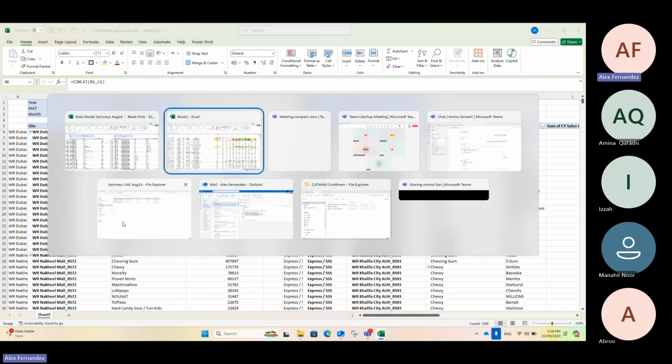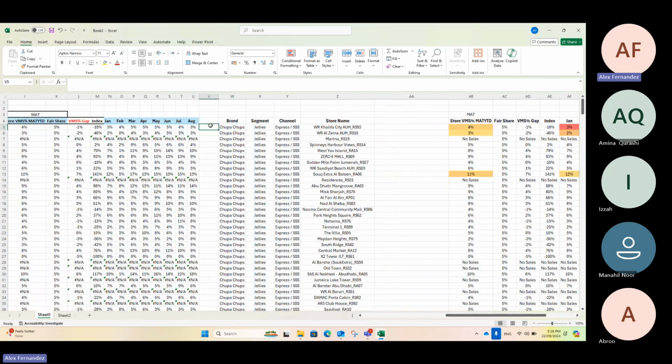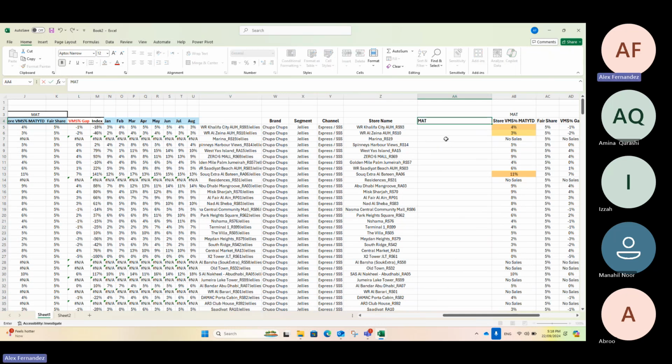So what we need to get is equal concat store, segment. This is what we say is the MAT sales, MAT category sales or segment sales.